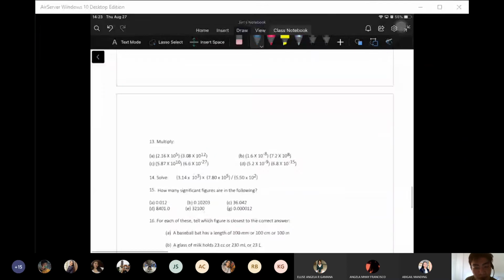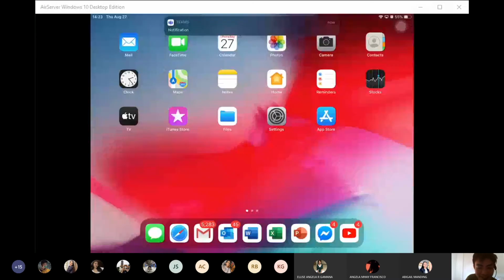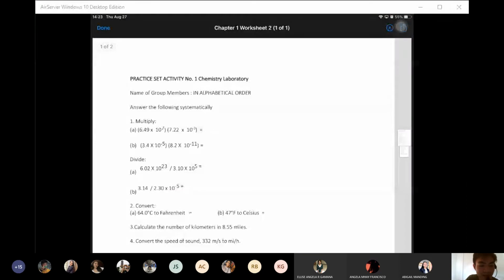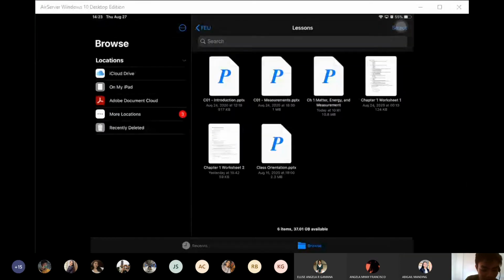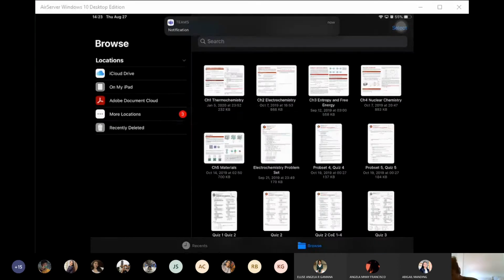Sige, practice pa tayo, no? Gusto nyo hanap tayo ng mga binibigay ko sa senior high. Mas masaya yon. Hanap tayo ng sa senior high. Ito, engineer na lang. Bigyan ng SHS. So, iba na yan. Kayo na bahala dyan.